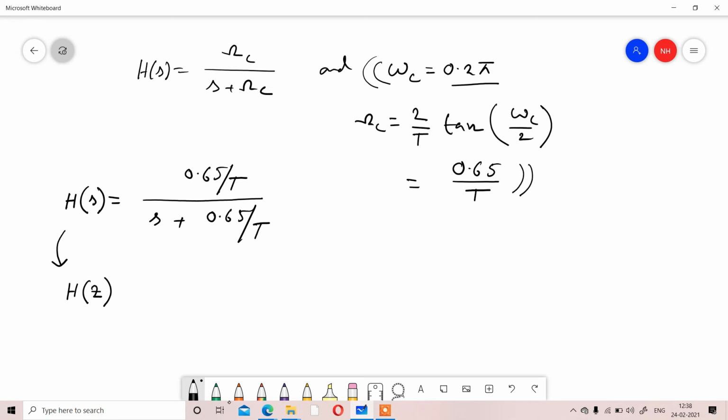You have to design a digital filter whose frequency must be 0.2 pi at 3 dB.